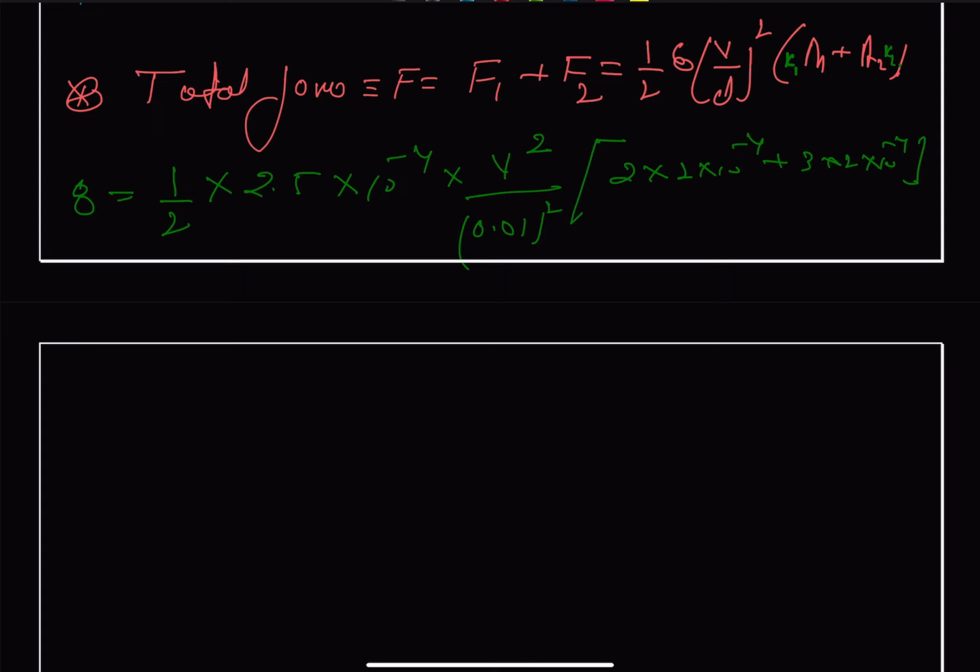Now it's quite simple to solve it. So this will give us 16, and is equal to 2.5 into 10 to the power minus 4, and this will be 10 raised to power 4, and we have here 4 into 4 plus 6, that is 10 into 10 to the power minus 4, and our V square. We can cancel the 10 to the power minus 4.